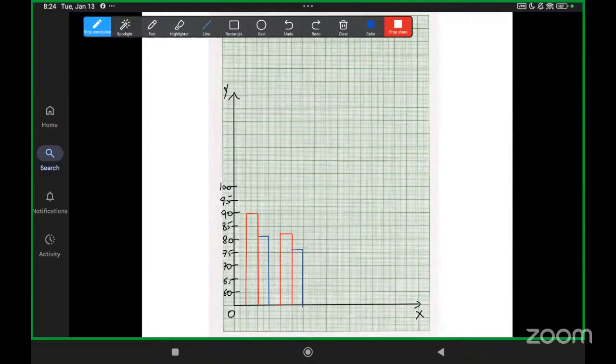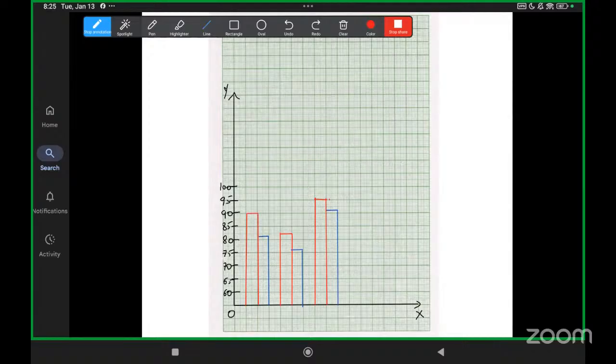Seventh class. Okay, then 8th class, 95 and 91. I will make 95, and 91. Okay, then we have for 9th class 70 and 65.